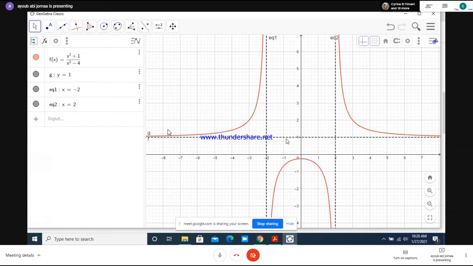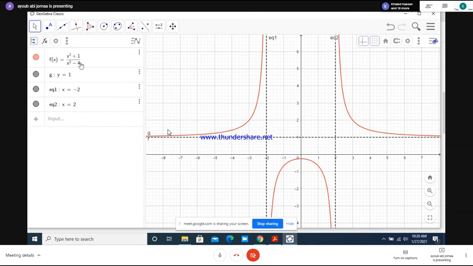No. The two limits, 2 minus and 2 plus, should not necessarily be of opposite values. Sometimes both are positive. Okay?